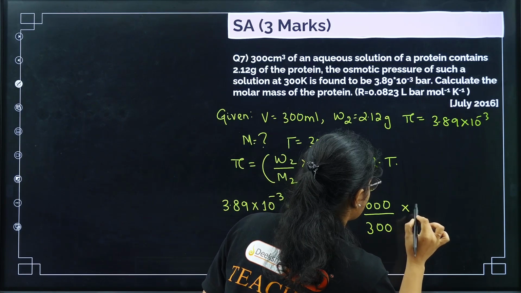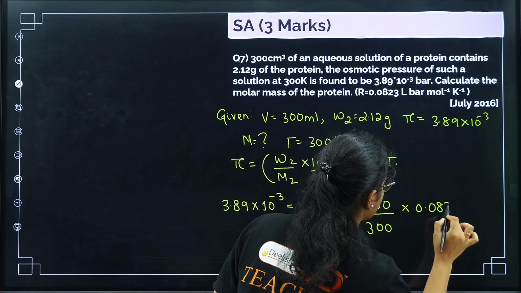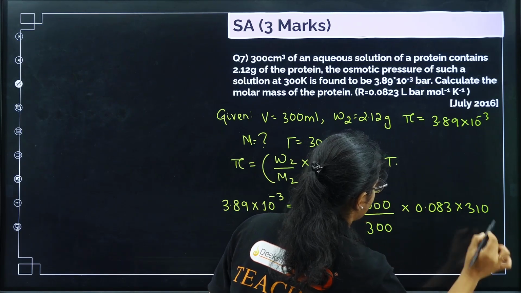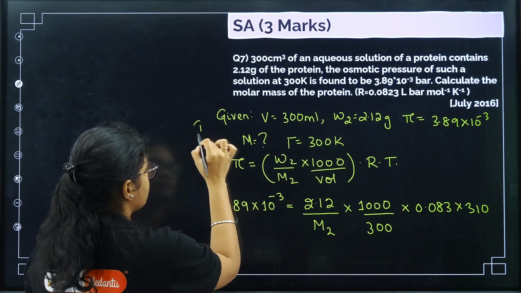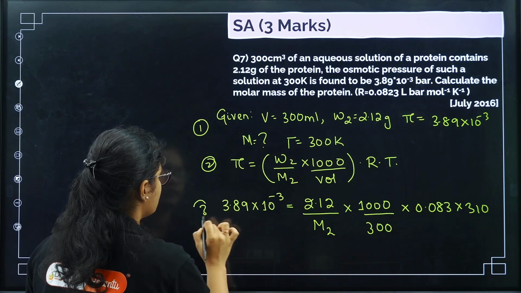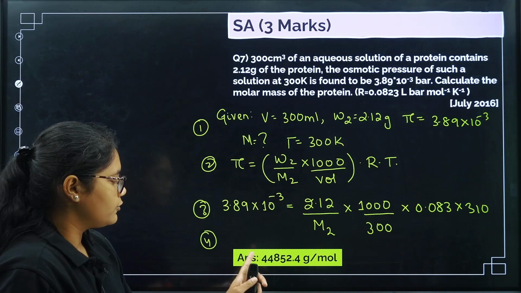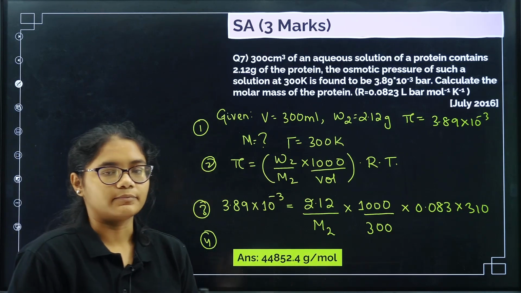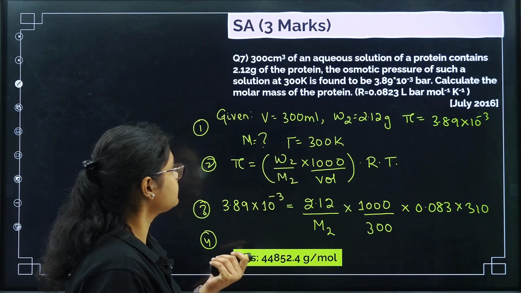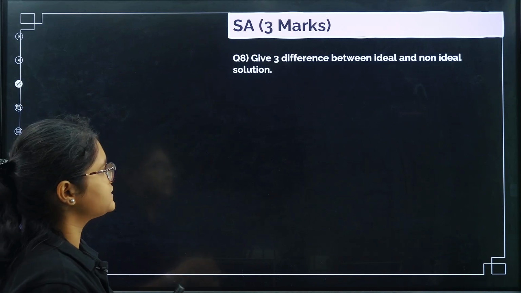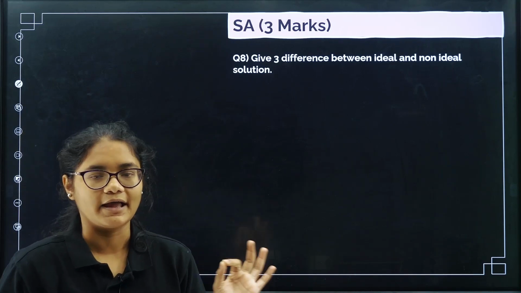Next, R value is 0.083 and temperature is 300 Kelvin. So this is your step 1, step 2, step 3. Next, step 4 is calculation of values. Answer will be 44852.4 gram per mole. Done.